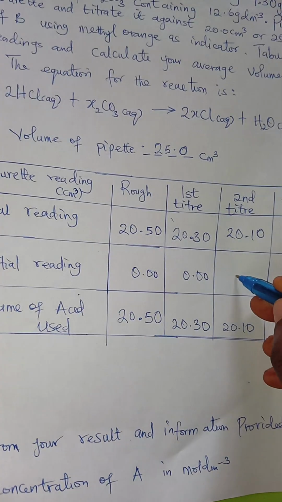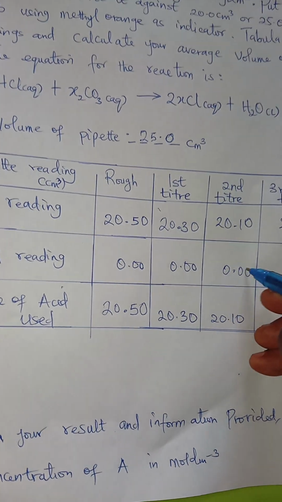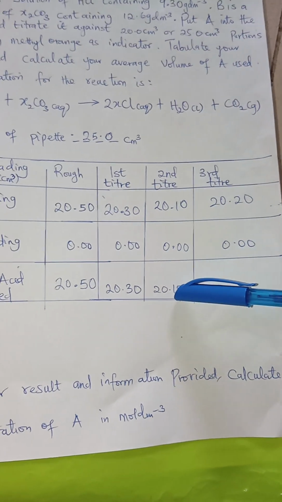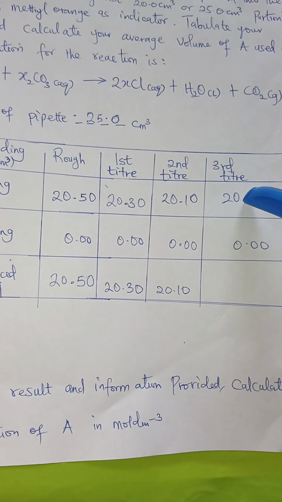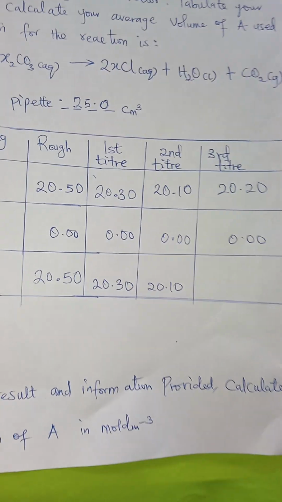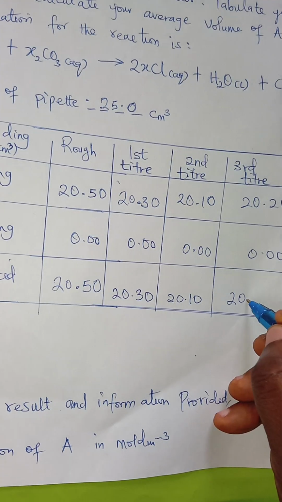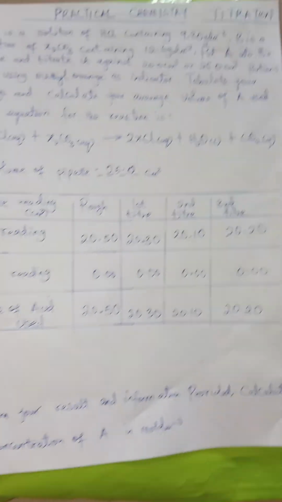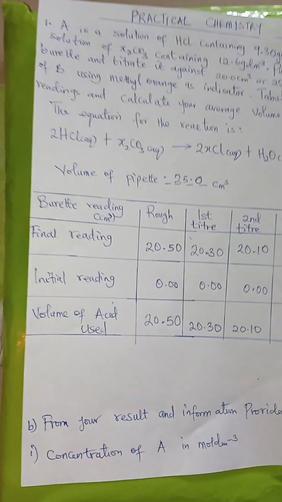So I should know that I will have 0.00 here, so that when I subtract 0.00 from this value, I will get this. Now how do I get this value? The final minus initial value will give me this. So I have 20.20. Now the next thing I'll look out for is if these values are concordant.